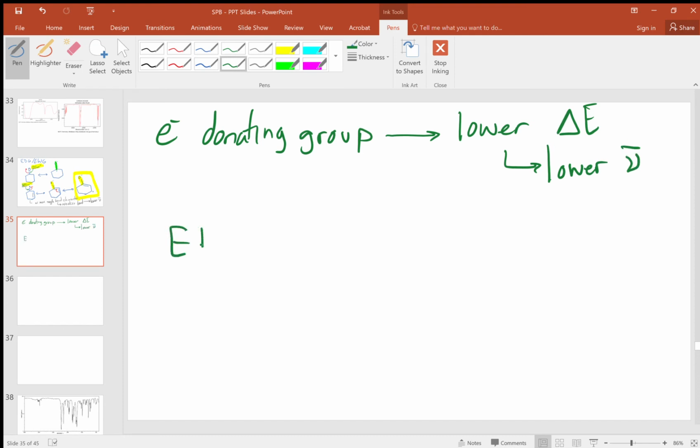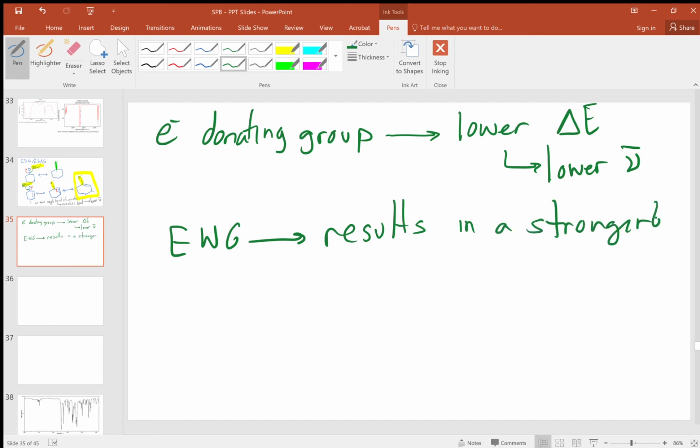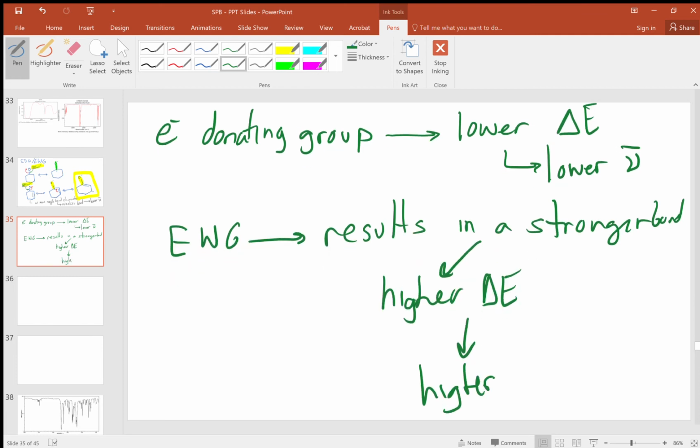If we have an electron withdrawing group, though, that usually results in a stronger bond. Well, we know a stronger bond, higher force constant, requires a higher energy, and higher energy leads to higher wave numbers.